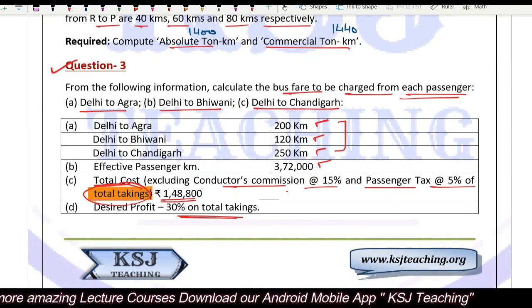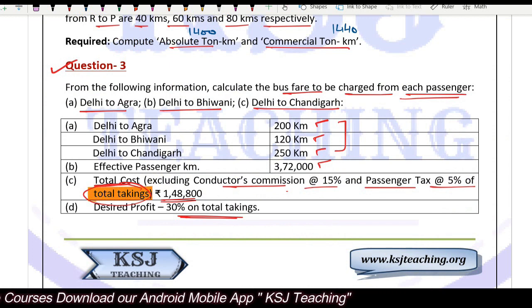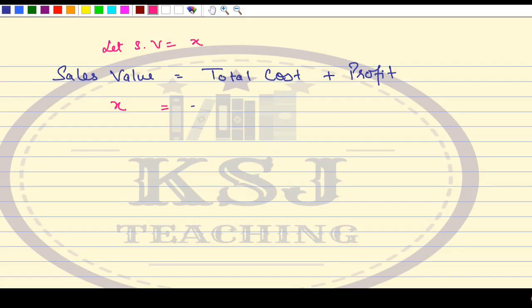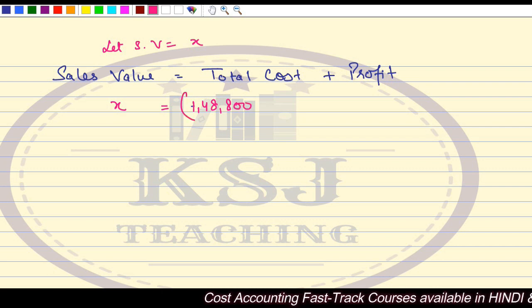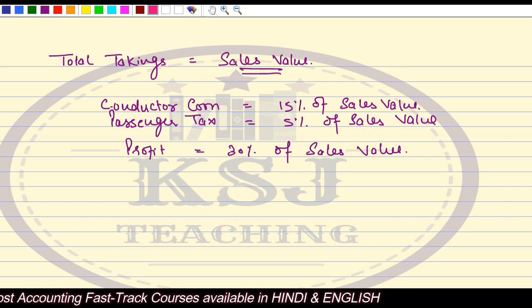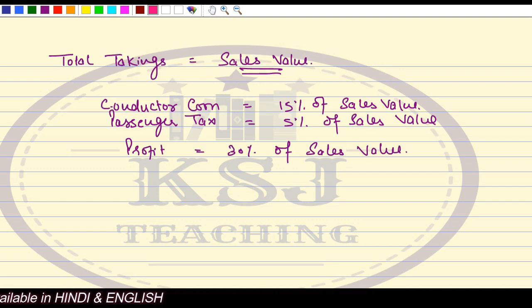See, the question says total cost excluding this. 1,48,800 is one component of the cost, right? So I'll write 1,48,800, right? I'm talking about total cost. Plus, you will have to take the conductor commission, that is 15% of sales value, and passenger tax, that is 5% of sales value.